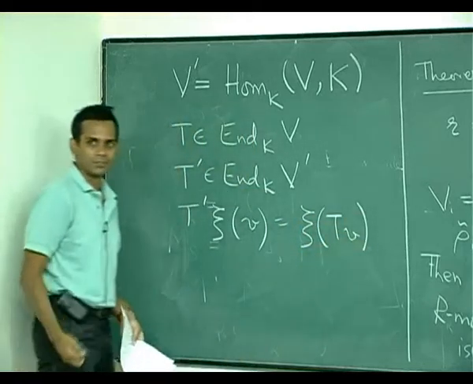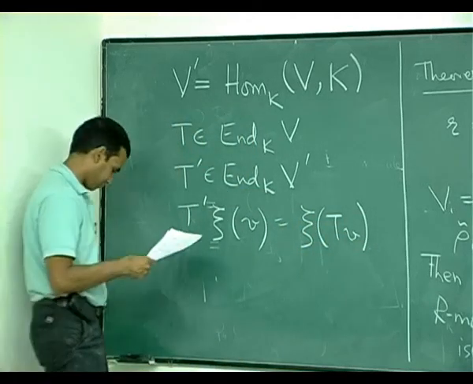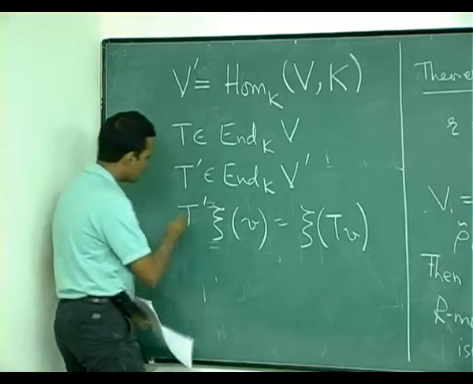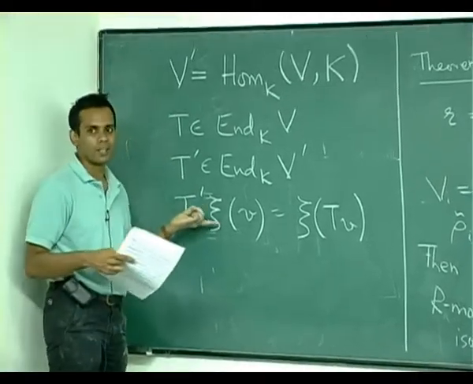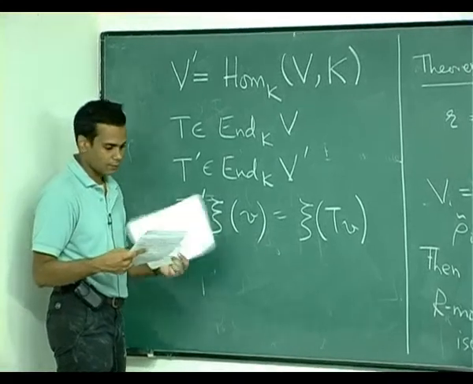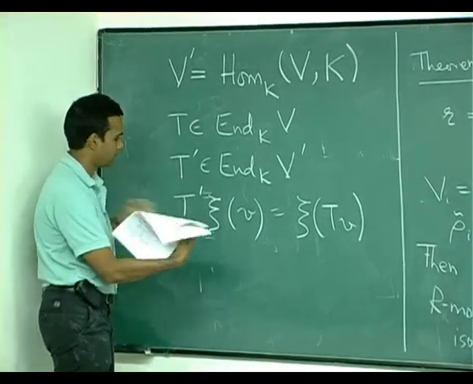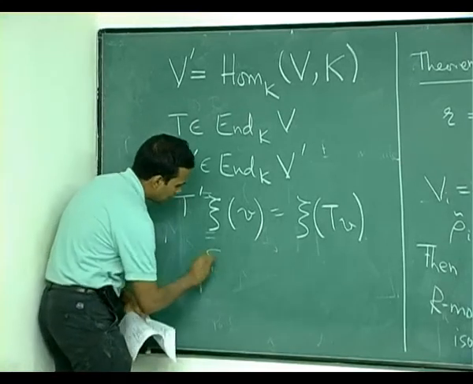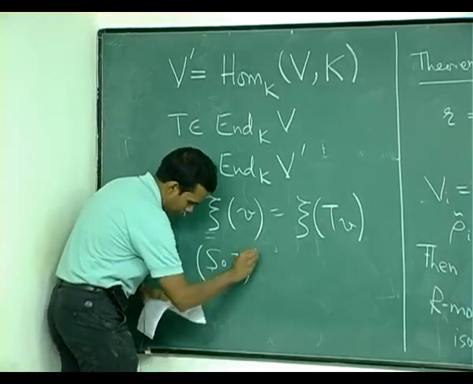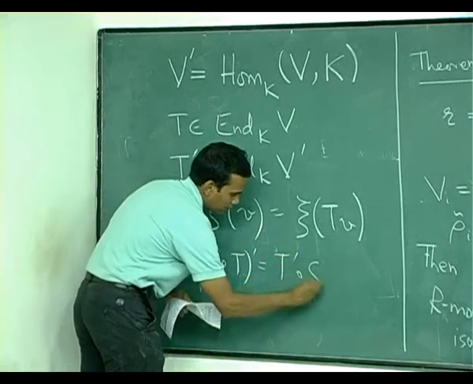That's the definition of T prime. So this corresponds to the transpose if you choose a basis, and so it has the property that (S circle T) prime is T prime circle S prime.